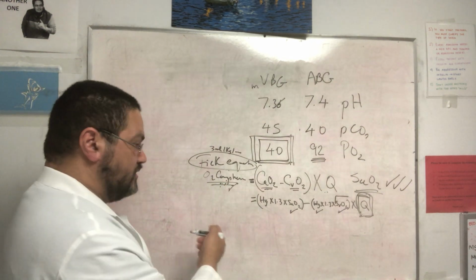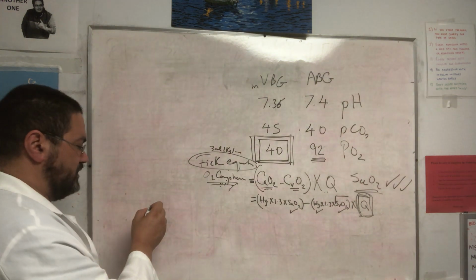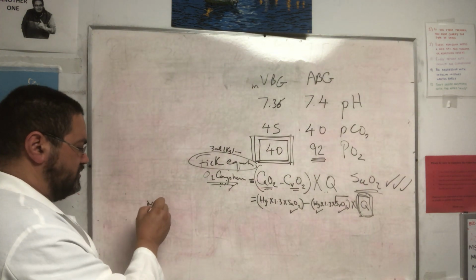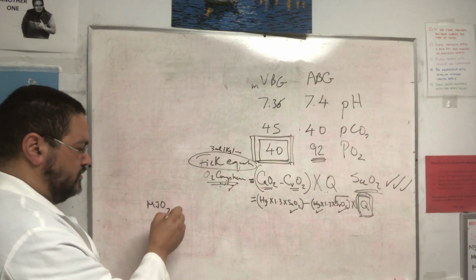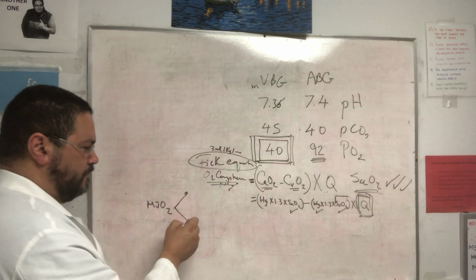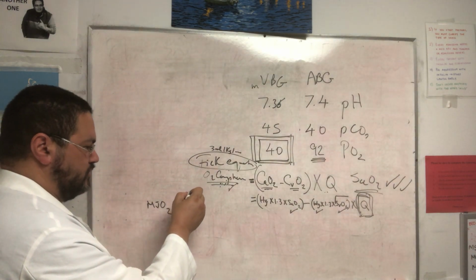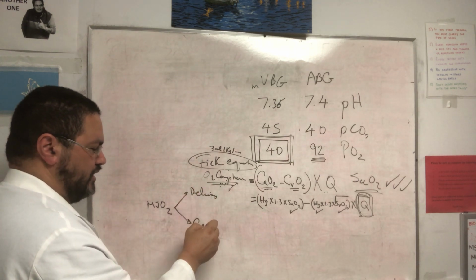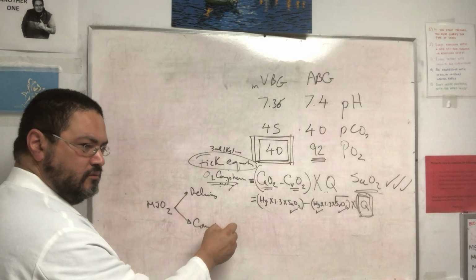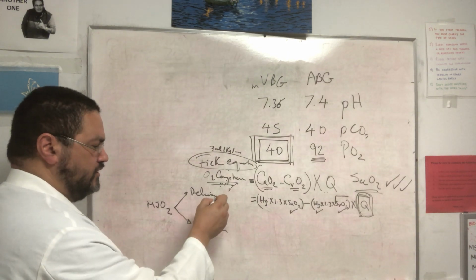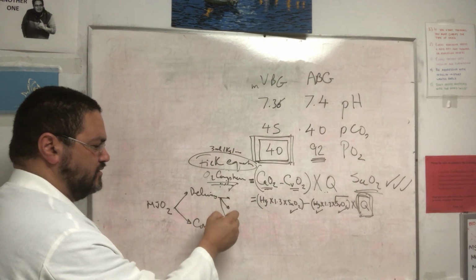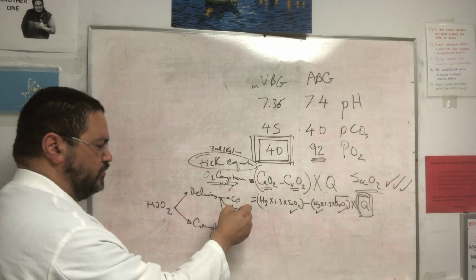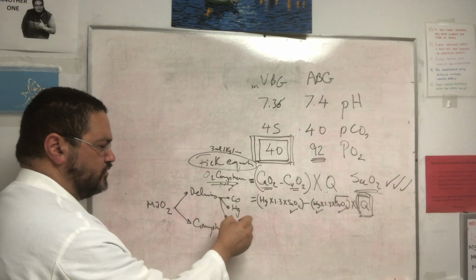But the easy part to show it to you is that basically what we say is that the mixed venous O2 depends on two things, and then it's going to branch: delivery and consumption. Delivery depends on three things: cardiac output, hemoglobin, and arterial saturation.